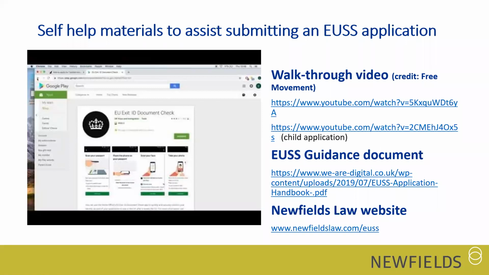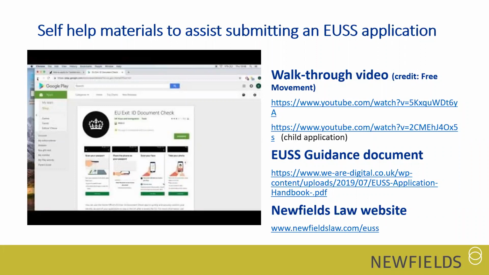So we've got some really good self-help materials for those who want to give this a try themselves. For the majority of people, it is straightforward. There's a really useful walkthrough video courtesy of an organisation called Free Movement, which is a really good organisation, a real champion for immigration rights, and particularly at the moment championing the rights of EU citizens.